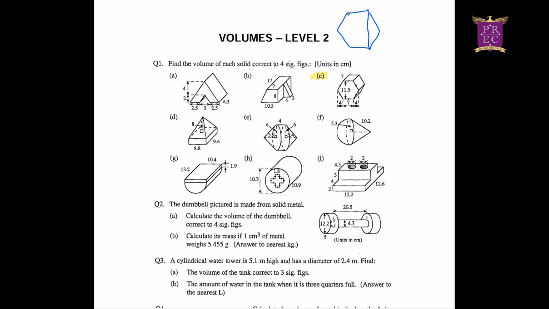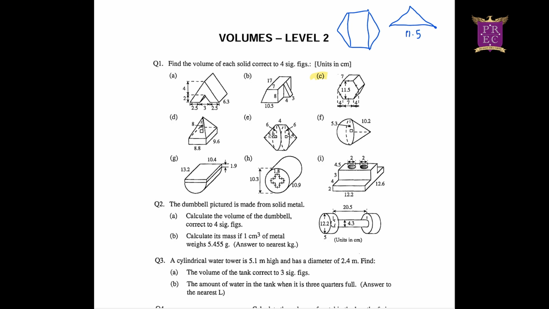There's a triangle here, and the rectangle in the middle. The base of the triangle is 11.5, because if we flip this hexagon to the other side, the triangle will be facing up and 11.5 will be its base.